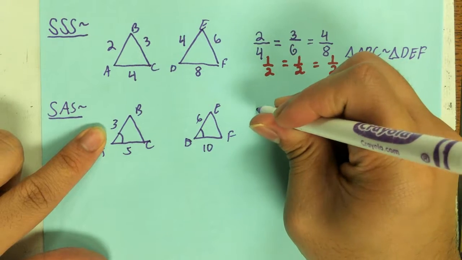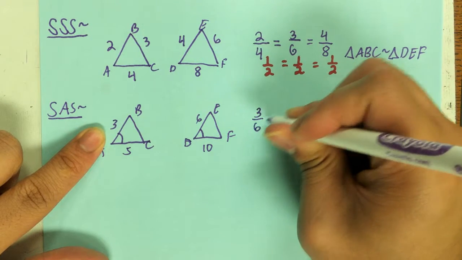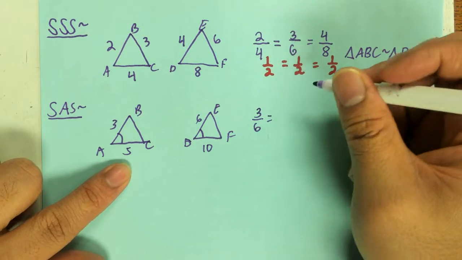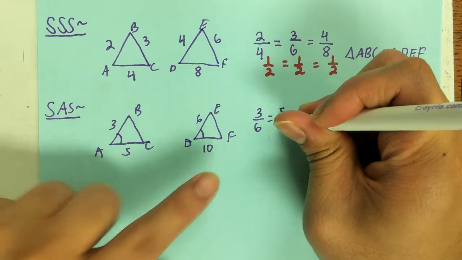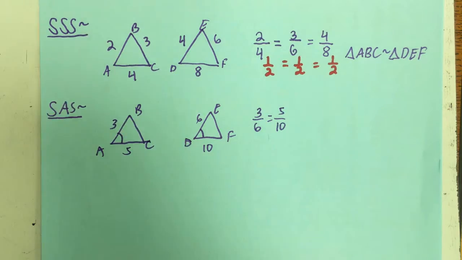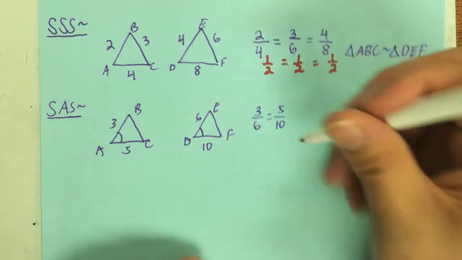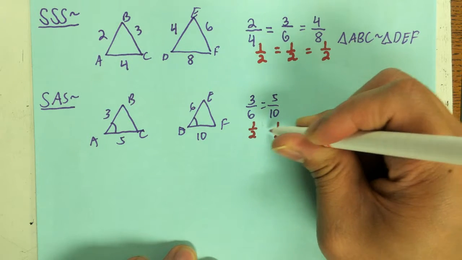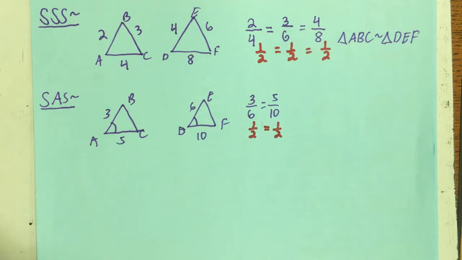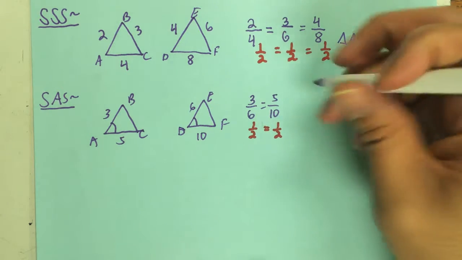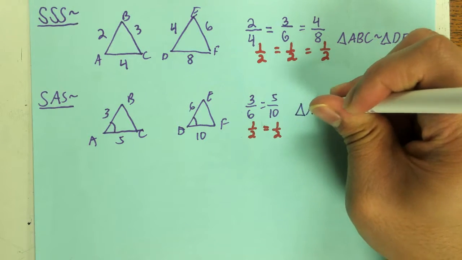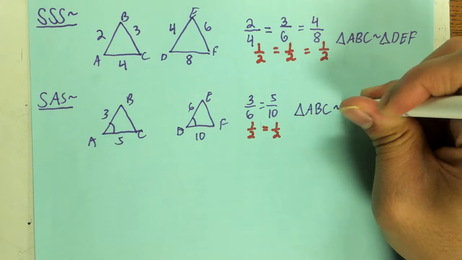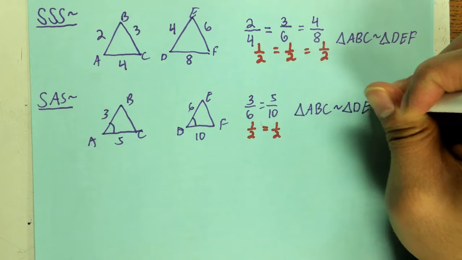So shortest side 3 over shortest side 6 equals longer side 5 over longer side 10, and check if those two fractions are the same. 3/6 simplifies to 1/2, 5/10 simplifies to 1/2. So we can say that triangle ABC is similar to triangle DEF.